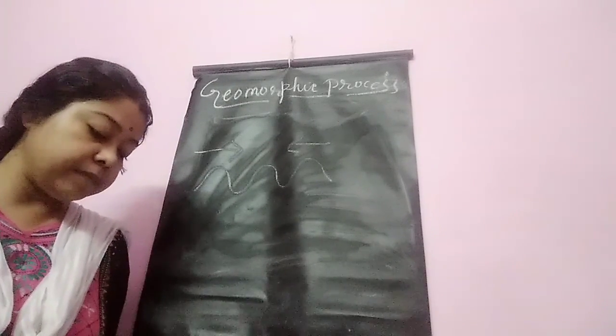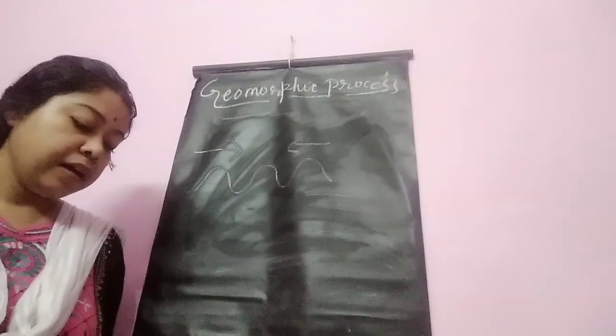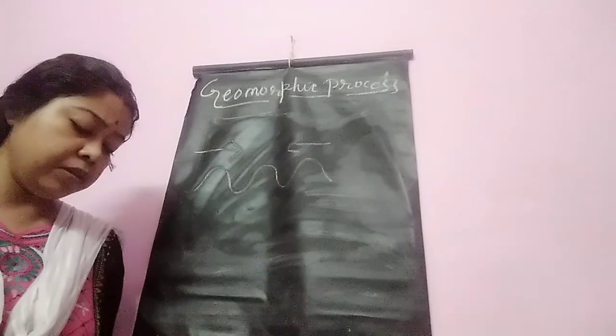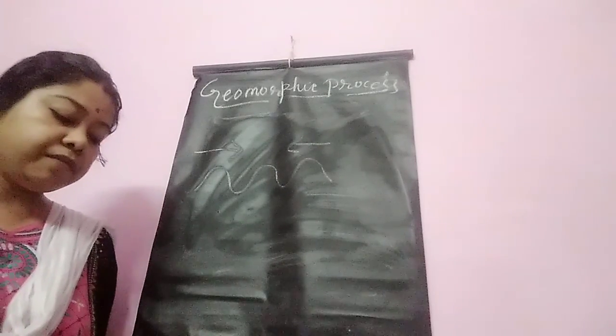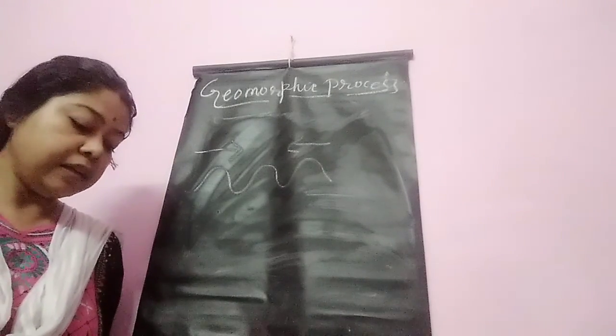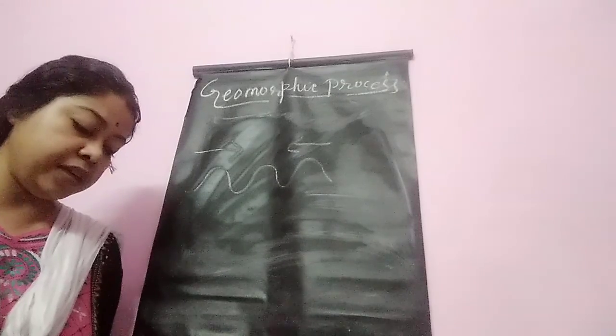The asthenosphere is a layer that lies under the crust, below the mantle. The temperature of this layer is very high. Substances in this layer are molten and viscous due to excessive heat.